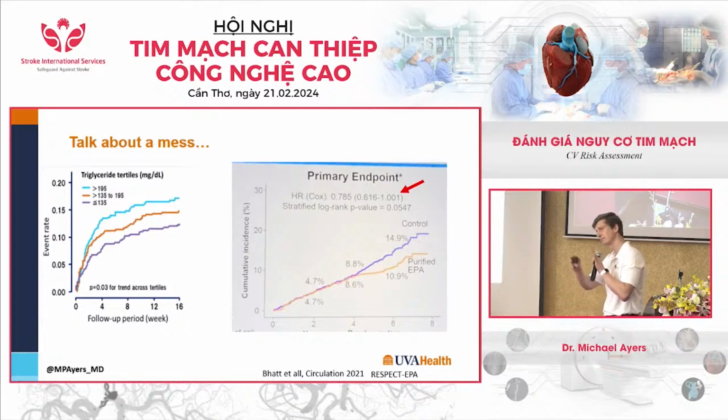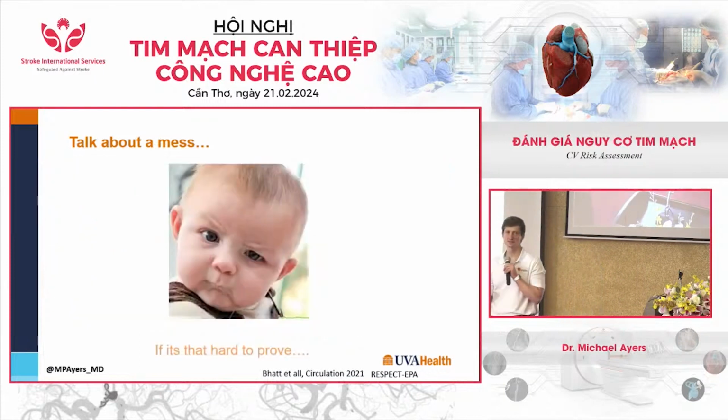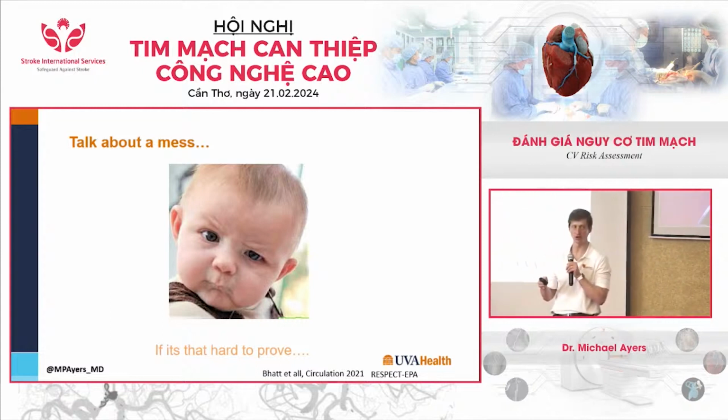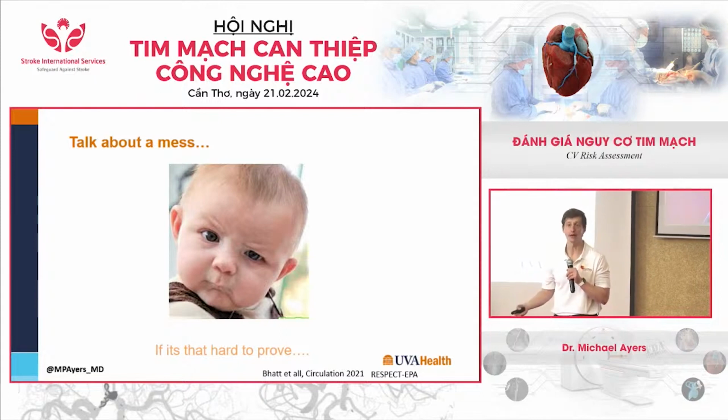Point being, let's take a big step back. If this helps, it only helps a little bit. And what I tell my trainees is, if it's this hard to prove that something helps, like steroids in the MICU, medical ICU, well, they could be helpful, but they're not very helpful. And that's how I think about triglycerides.